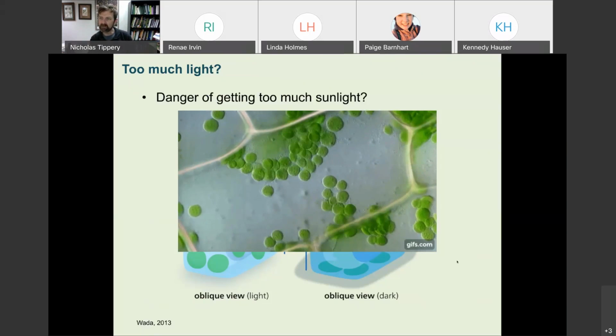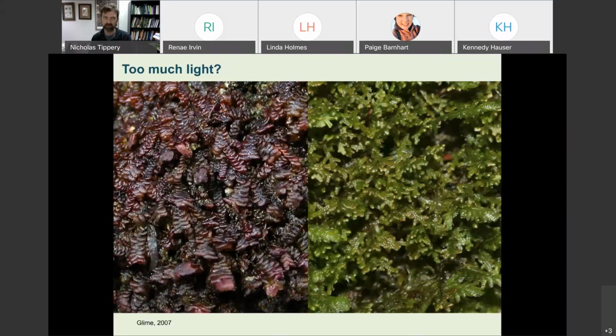Is the red highlight on this one? On this image, yeah, the red one is in highlight. So if you're a moss and you find yourself in too much light, this is one way to counteract the negative effects of being in too much sunlight.